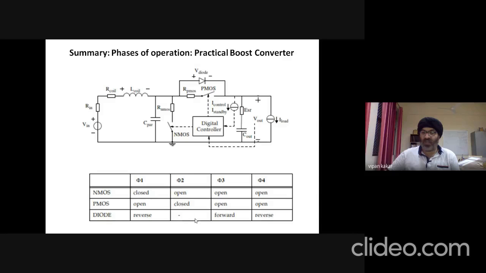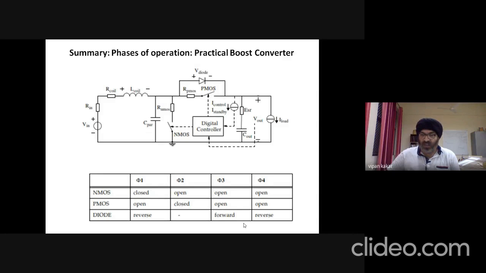Diode is not having any function because the complete path is followed through the PMOS. In phase 3, NMOS is also off, PMOS is also off. Now whatever small energy remained inside the inductive coil is transferred to the output through this diode, as we saw in phase 3.